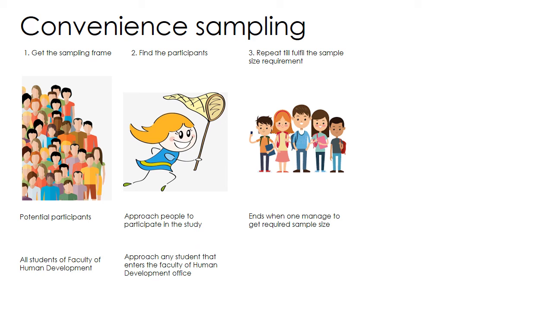You repeat until you fulfill the sample size requirement. At the end of the day, you manage to get the required sample size. But again, not everybody in this faculty has an equal chance. The people that you are approaching may be those who had problems coming to the office, or somebody who works part-time at the office. So these are the people that could be your participants.